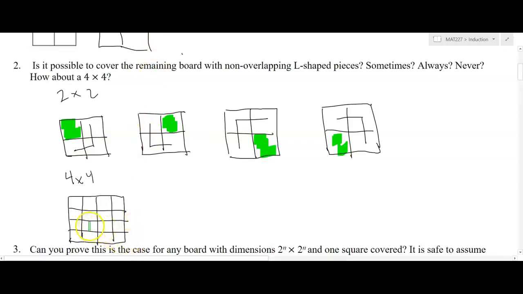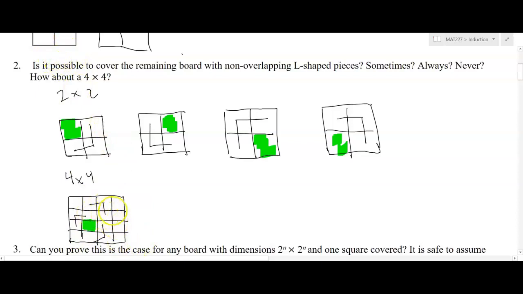So for instance, I should be able to cover up this square right there and tile the rest using these L-shaped pieces. So I can kind of start and do that, and I can do that over here, maybe this over here. But I see I've gotten myself into a little bit of trouble because now I still need to cover up this square and this square and this square and this square and this square and this square, but I can't do it with L-shaped pieces anymore because I can't move the individual squares.